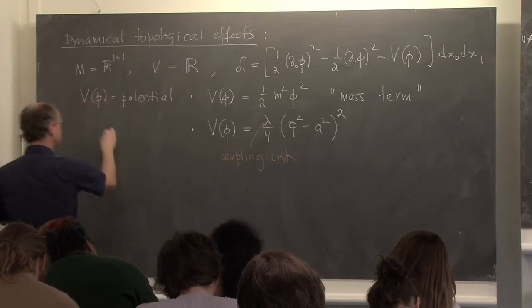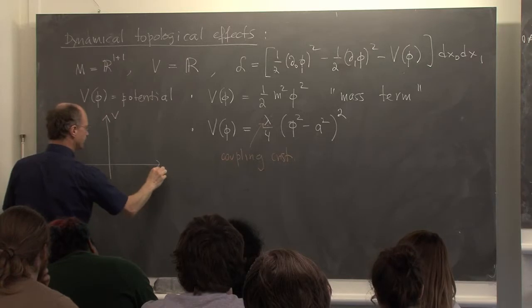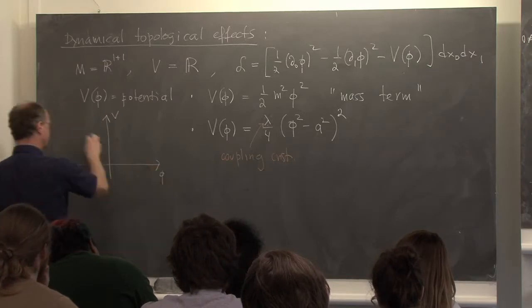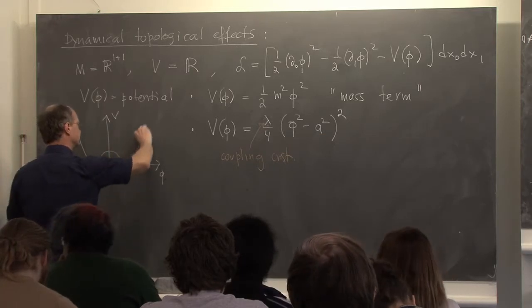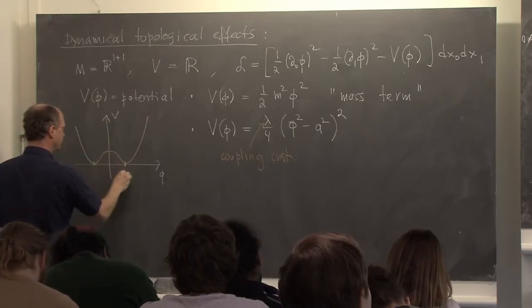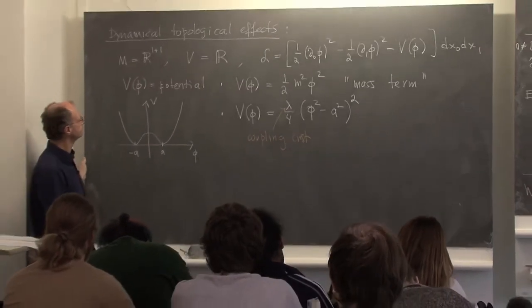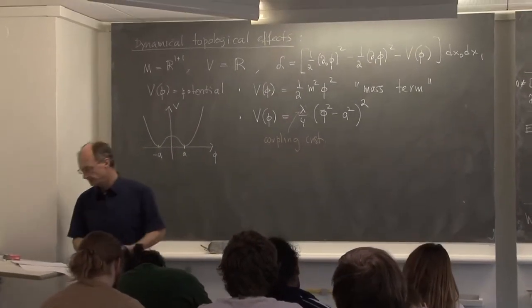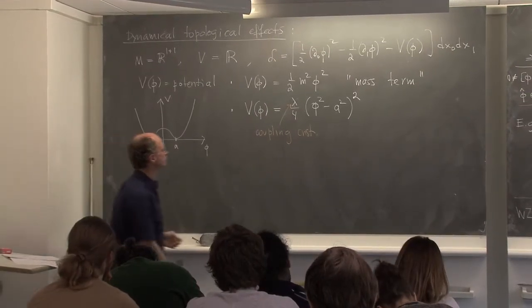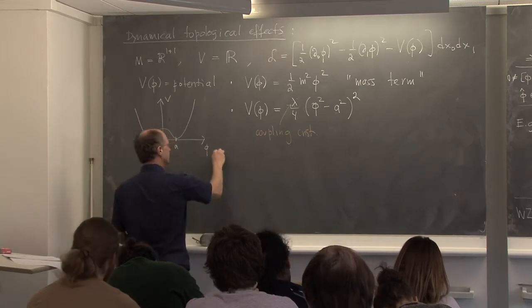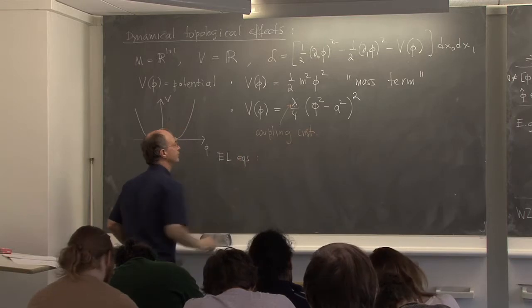And the shape, the graph of this polynomial is like this. So it has minima at A and minus A. So let me write the EL equations.